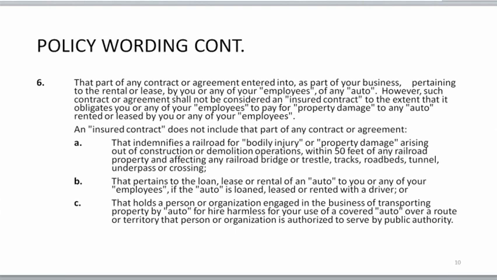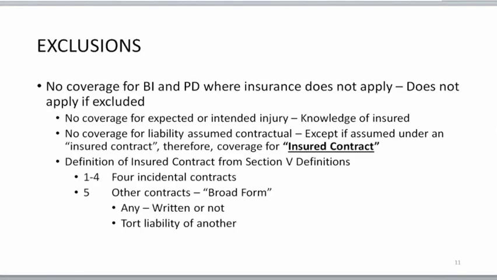Again, that is covered in some places in GL and some by waiver of subrogation and some by the independent contractors agreement. So basically, there's no coverage for bodily injury or property damage where insurance does not apply. It does not apply if there is no coverage for expected or intended injuries, knowledge of the insured. No coverage for liability assumed in a contract, except if the contract is an insured contract.